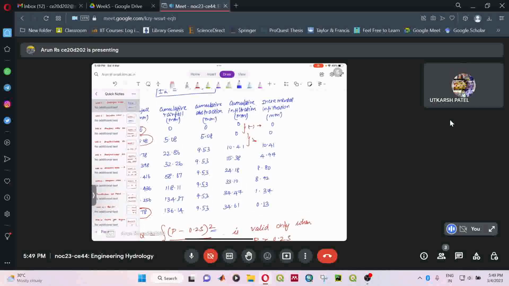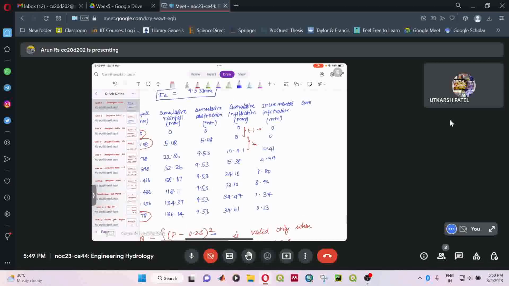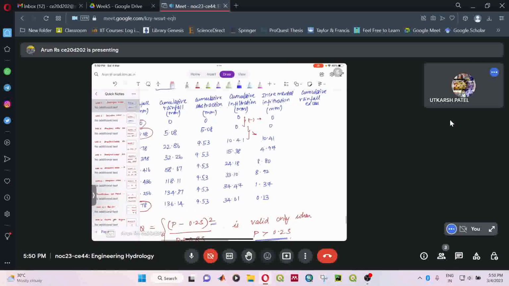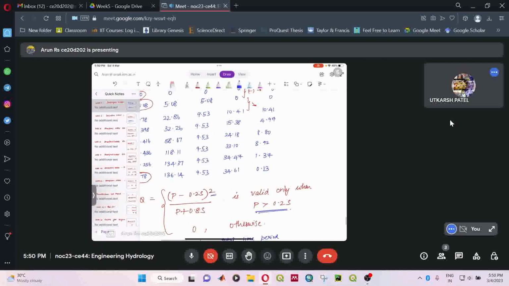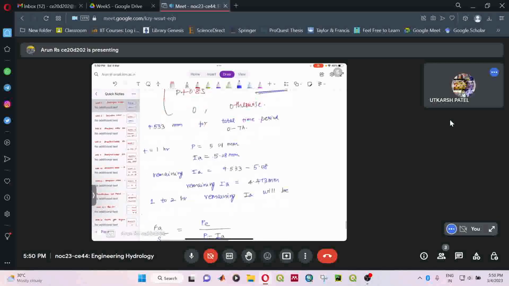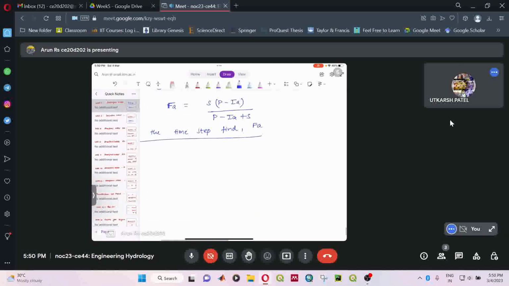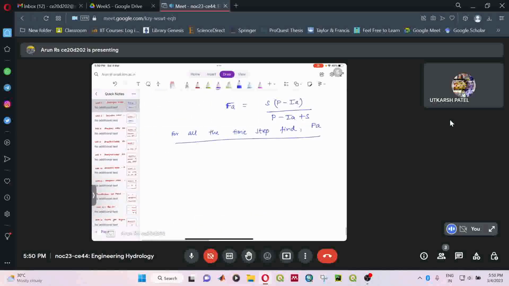Now next is rainfall excess, cumulative rainfall excess. Your rainfall excess PE can be written as precipitation minus initial abstraction minus the continuing abstraction.